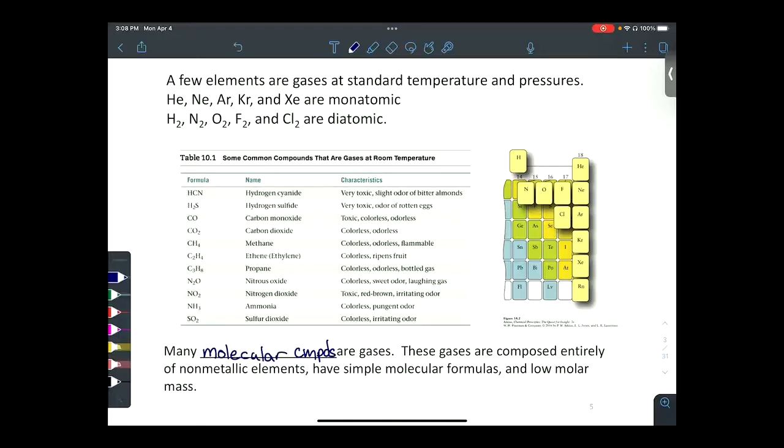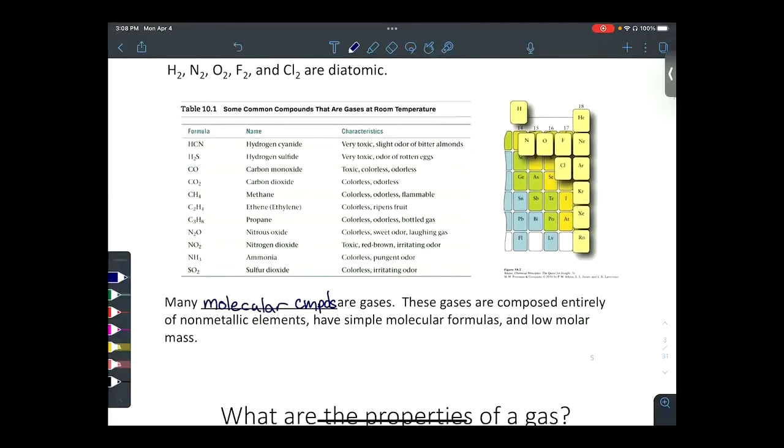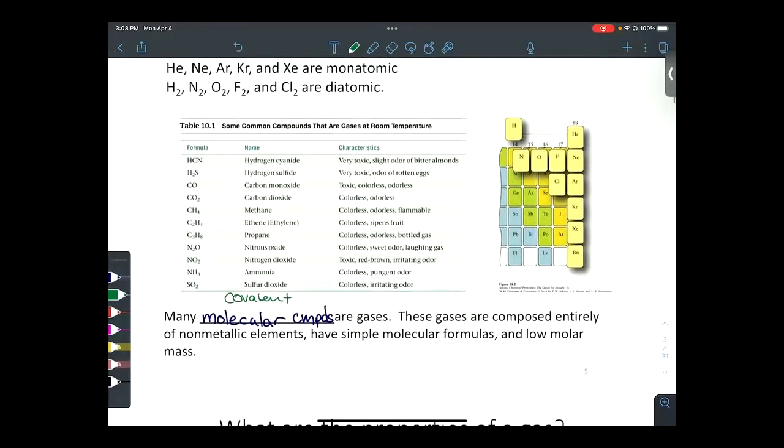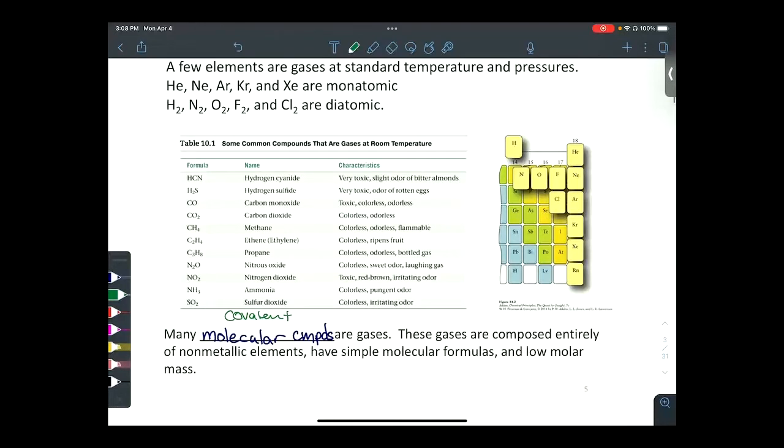Also, we talked about a lot of different molecular compounds in naming them and their Lewis structures. A lot of those very lightweight molecular compounds, or covalent compounds, are also gases, mainly because they're lightweight. When we have really light molecules, there's not much attraction between different molecules.